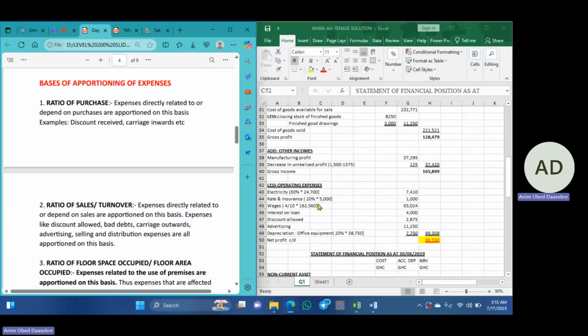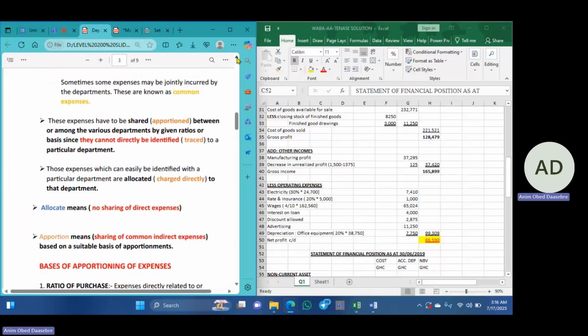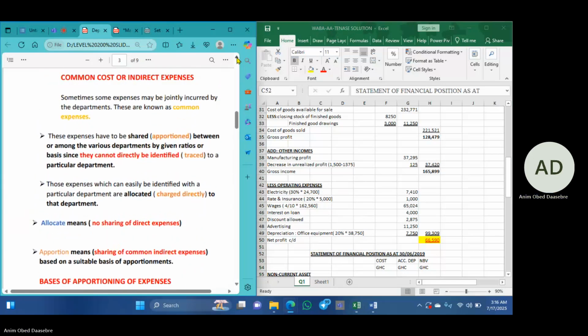Okay, so there is something that I also want to add to the operating expenses. This will give rise to apportionment and allocation. Under the operating expenses, some of the questions will tell you to apportion this to this, apportion this to that.